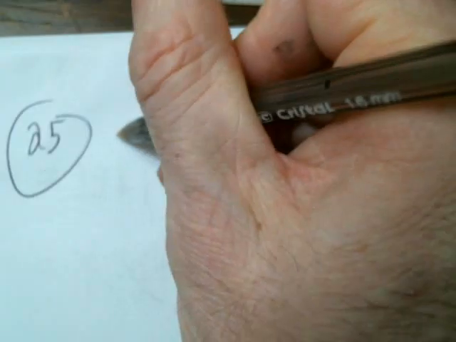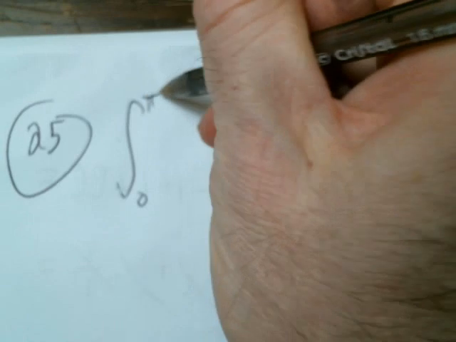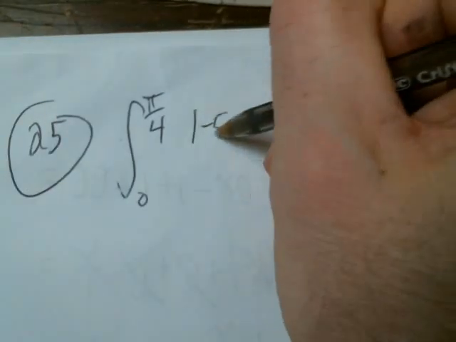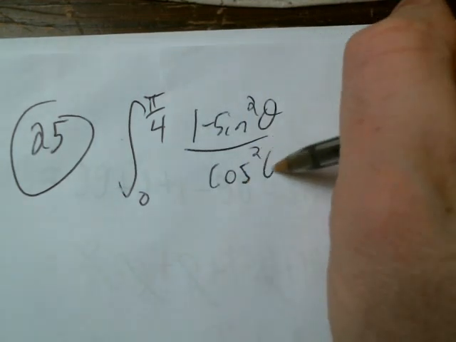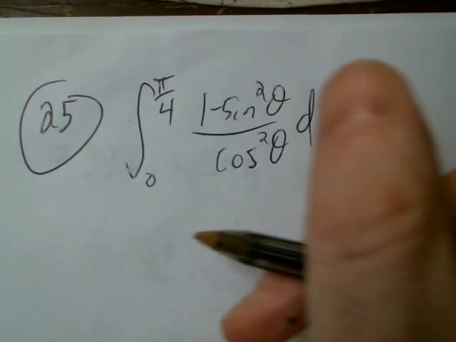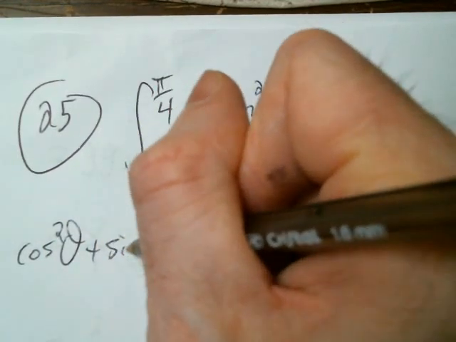There's also trig integrals in here. Let's just probably look at some of those. Let's look at number 25. So what do we got? 25, integral from 0 to pi over 4, 1 minus sine squared theta all over cosine squared theta d theta. So again, I expect you to have memorized your Pythagorean identities.